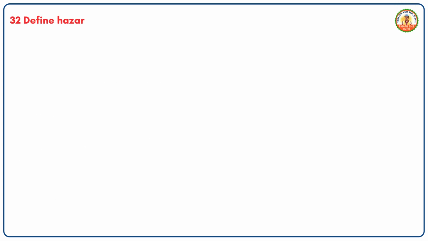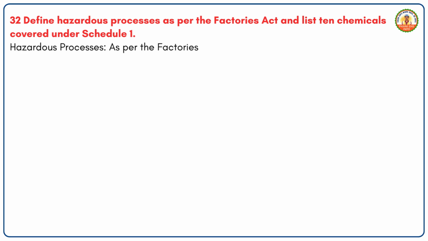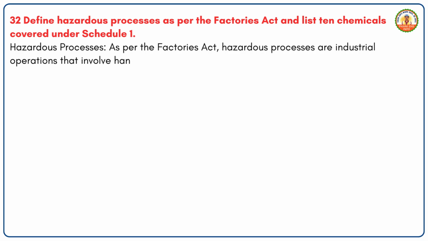32. Define hazardous processes as per the Factories Act and list 10 chemicals covered under Schedule 1. Hazardous processes as per the Factories Act. Hazardous processes are industrial operations that involve handling, processing, or storing materials that pose a risk to health or safety. Chemicals under Schedule 1.